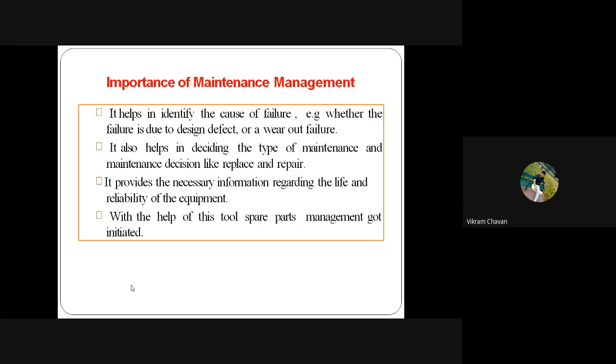It provides the necessary information regarding the life and reliability of the equipment.